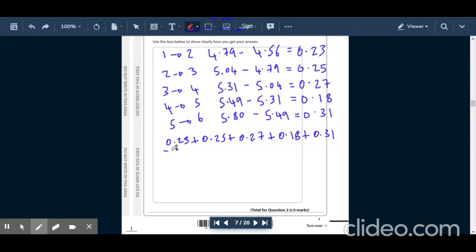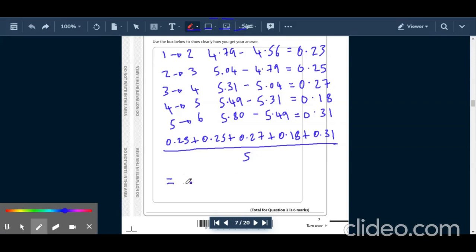And then we're going to divide all of that by how many there are. So there's 1, 2, 3, 4, 5, divided by 5. If we work that out by typing it into a calculator, it's going to give us 0.248.